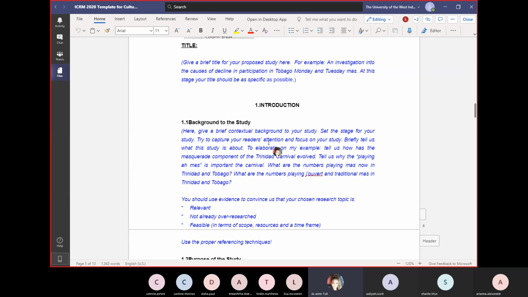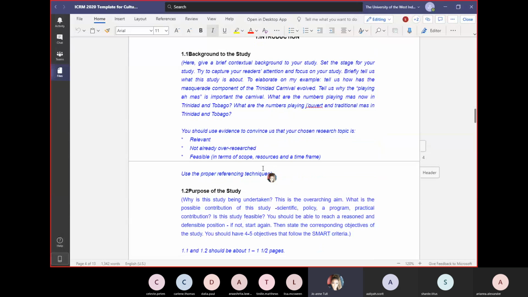So what I was saying there, Sade, is that just as you would have done with the background to the study section with worksheet 1, you take worksheet 2. Once you have constructed that properly, that information becomes your paragraph 2 in your one page, and that information is also slotted in here under purpose of study.